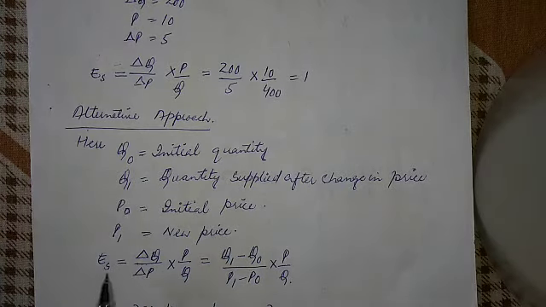Now you know, elasticity of supply is change in Q by change in P into P by Q. So change in Q is Q1 minus Q0, and change in P is equal to P1 minus P0, into P by Q.